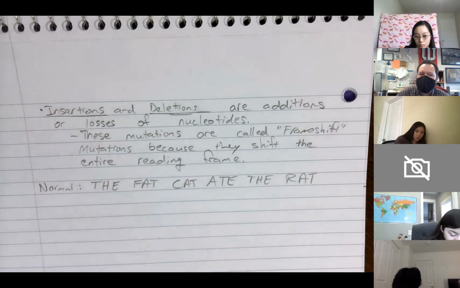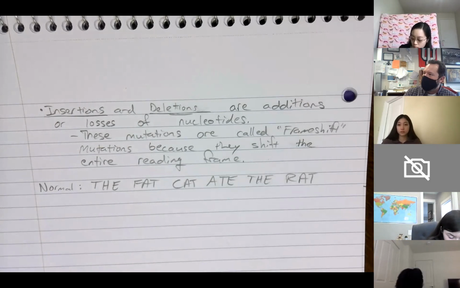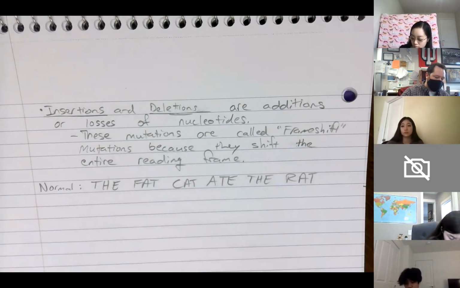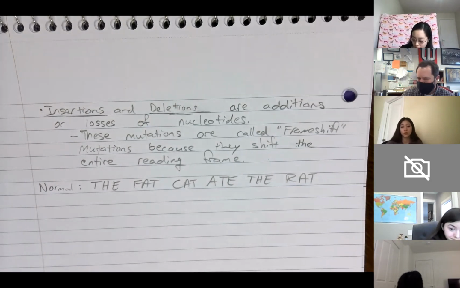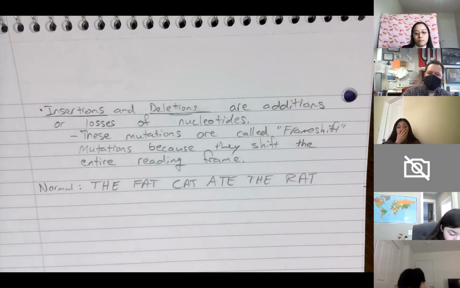Well, because in genetics, all of our words are three-letter words. Codons, right? They all have three letters. So nice three-letter word sentence there. That makes perfect sense. I mean, we don't know why we're talking about a fat cat eating a rat, but we can all read it. We all know what it's saying. The fat cat ate the rat.